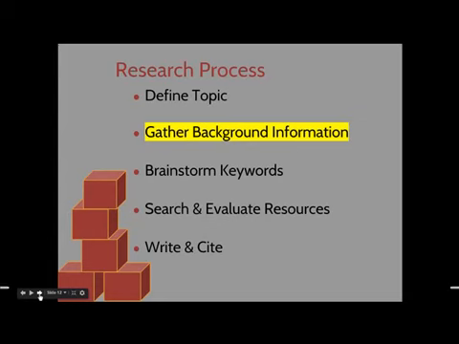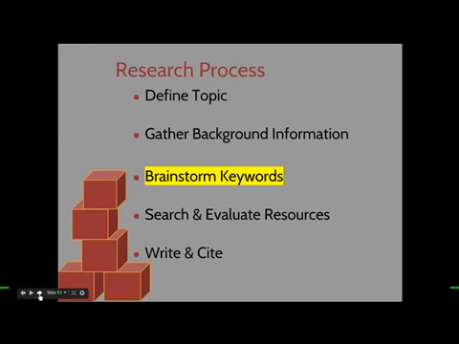When you're gathering background information, keep in mind that the purpose of this is not only to give you a grounding in what you're going to be researching, but also you're using this as an opportunity to generate a list of keywords or brainstorm keywords. The purpose of this is to devise words that you can use for your search when you're searching for researches on a topic.